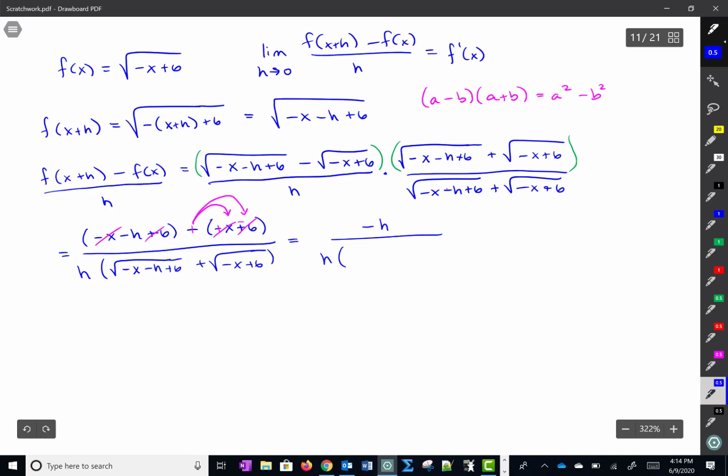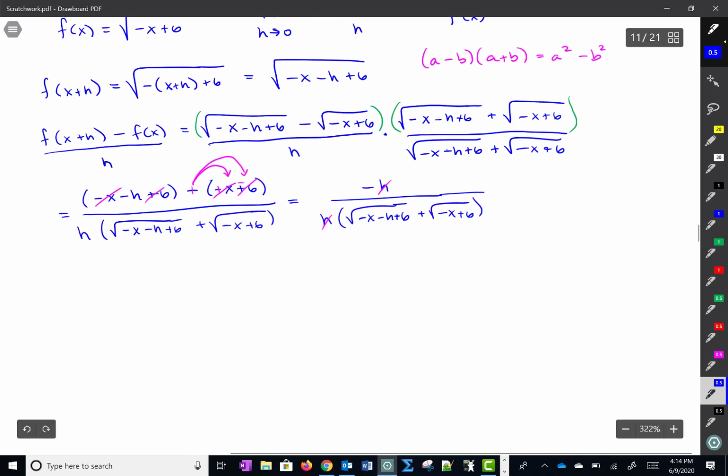So then the denominator, let me just copy it all over here real quick. Both numerator and denominator share a factor of h, and I could cancel that out. So now it's just negative 1 over all that stuff in the denominator.